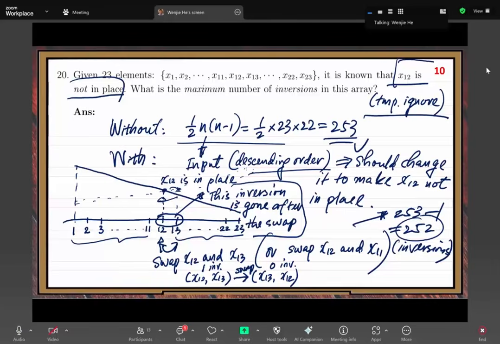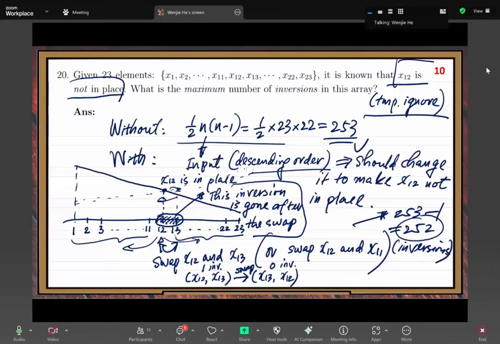Then, if we look at the impact for other places, because the change we made is only for a local portion. If you consider x12 with all the other elements, the order has no change.